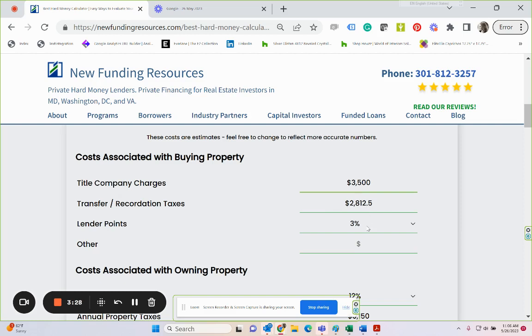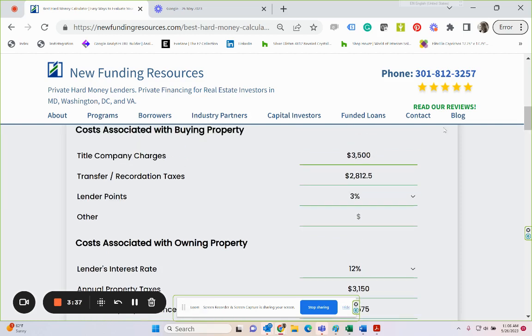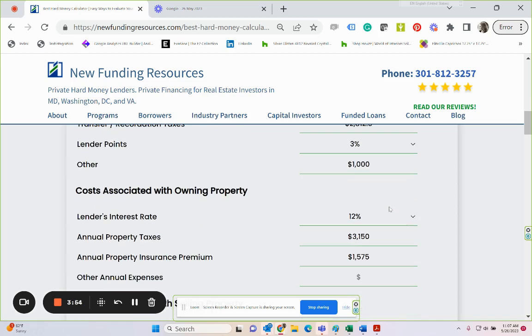Lender points, 3%. Let's just assume that. And let's assume there's no other closing cost here, or whatever the closing costs are, they would be already included in the title company charges. You know what? Let's just go ahead and be conservative. Let's just put another 1,000 for closing costs. Okay, so that's what we have for costs associated with buying the property.